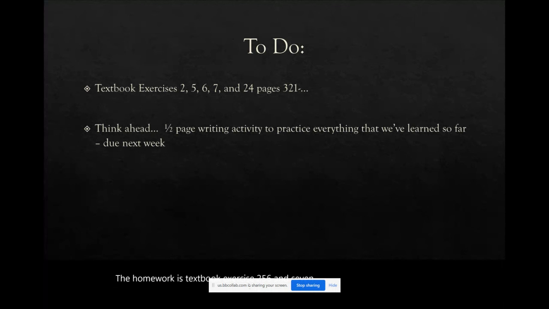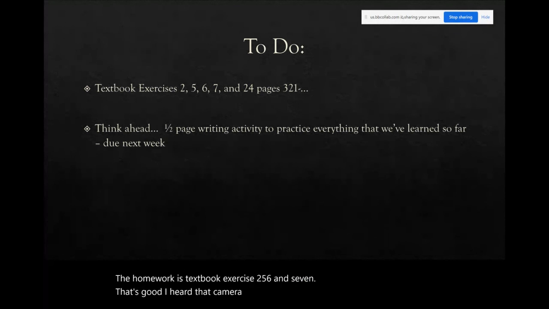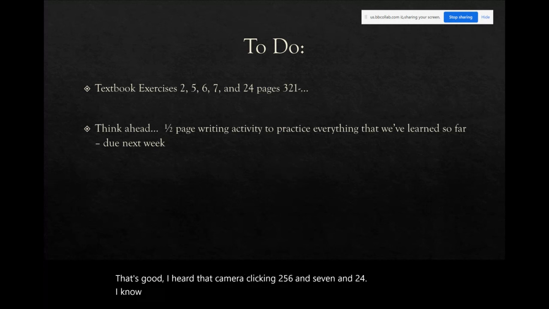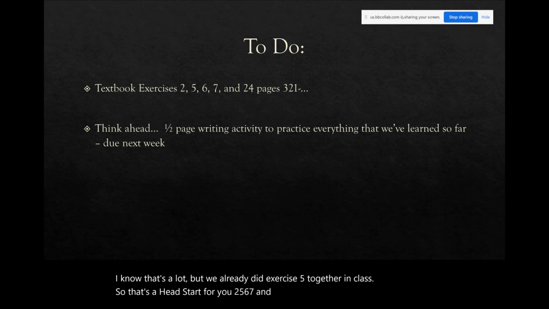I heard that camera clicking. 2, 5, 6, and 7. And 24. I know that's a lot, but we already did exercise 5 together in class. So that's a head start for you. 2, 5, 6, 7, and 24. Okay, and this is chapter 12, adjective clauses.